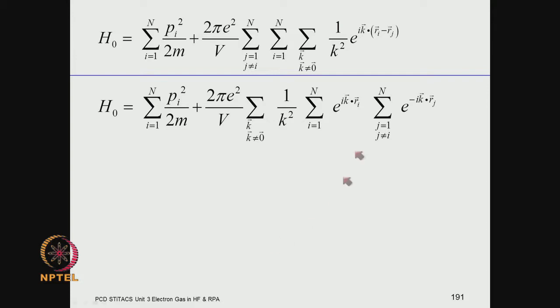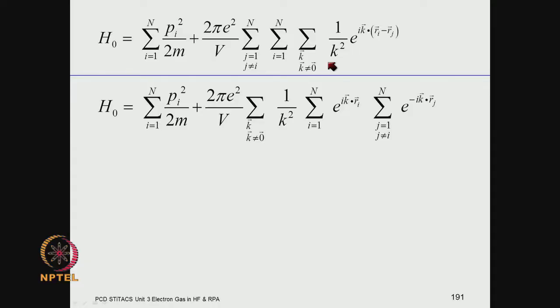So, the first thing to do is to rewrite this term in a form which is convenient for our analysis. We have written this term, which is the Hamiltonian for the interacting electron gas. The Coulomb interactions are taken care of, and you have also taken care of the background interaction and the electron-background interaction by removing the k equal to the null vector term.